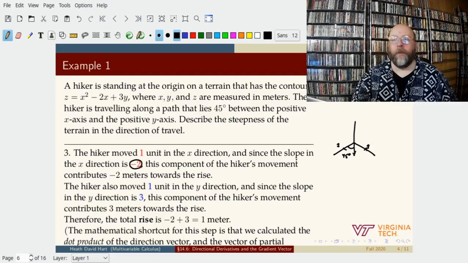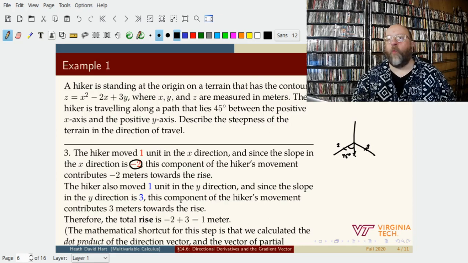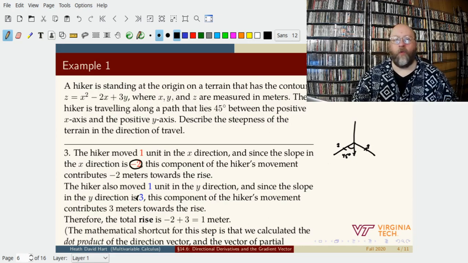But then the hiker went 1 unit in the y direction, and when you go 1 unit in the y direction, the slope goes up by positive 3. And therefore, the total rise is negative 2 plus 3, which is 1 meter.